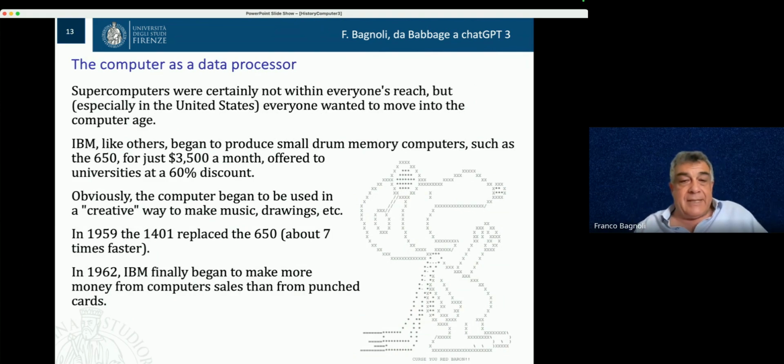The other thing that happened at the time was that small and relatively cheap computers started to appear. Also, IBM, which was targeting the mainframes, started to offer small computers, generally using DRAM memories, at reduced prices for universities, because they needed a lot of computer programming. So they were trying to induce people to start studying computers and computer languages and so on.